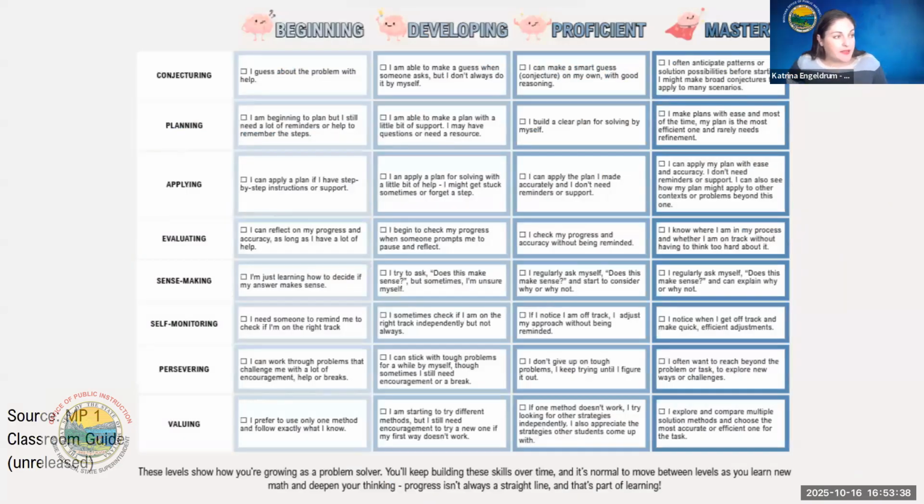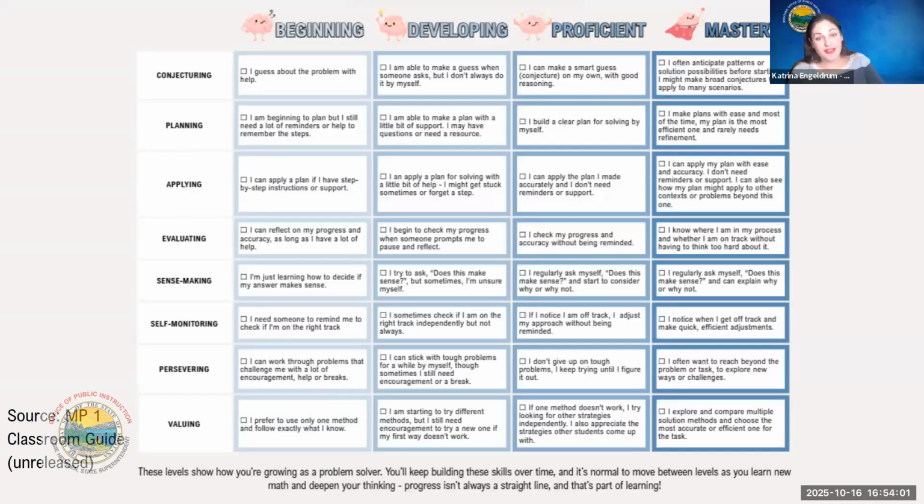Yet another way we might see this come to fruition is a different kind of rubric, still a self-assessment, but this one stacks everything in a way that students can see that they're progressing. So a student might self-assess and say, again, I could teach a master class on making conjectures. I can guess all day long.